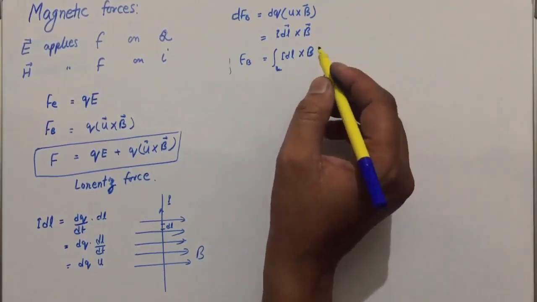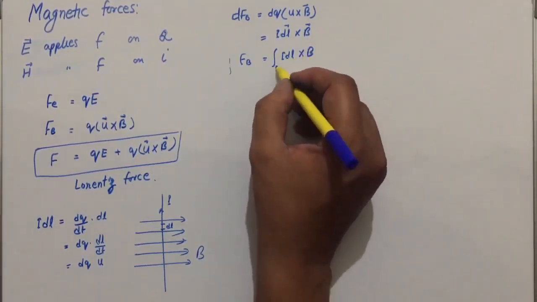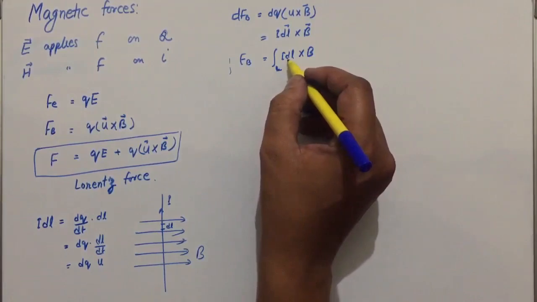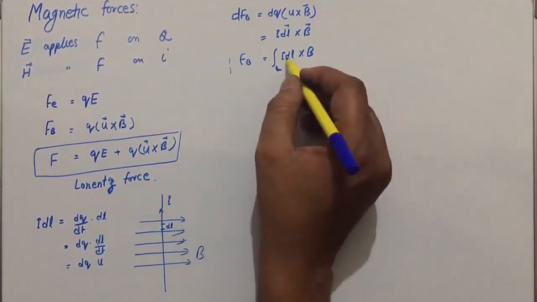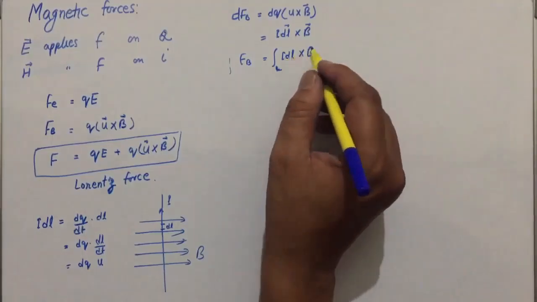Now if it is a line current I, then the charge element will be I dL.